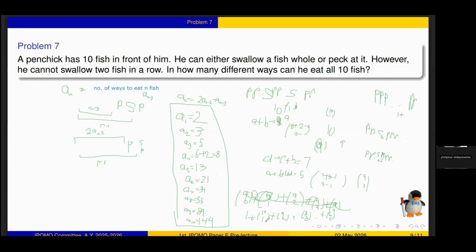Now, I think you can just compute this directly. So you have 11 plus 9 choose 2, which is 36, plus 8 choose 3, which is 56, plus 7 choose 4, which is 7 choose 3, which is 35, and then you have 6 choose 5, which is 6.